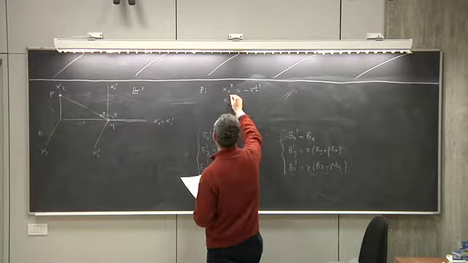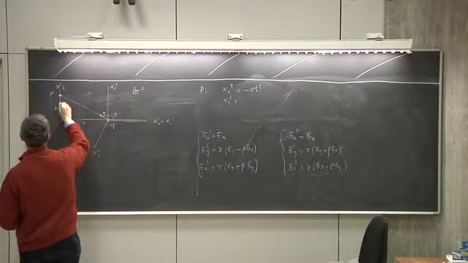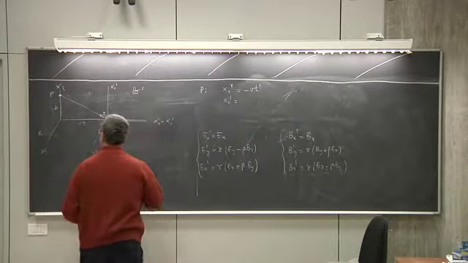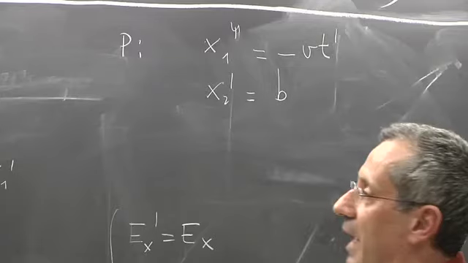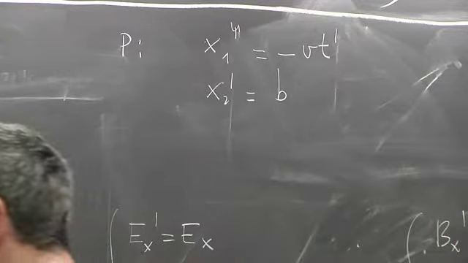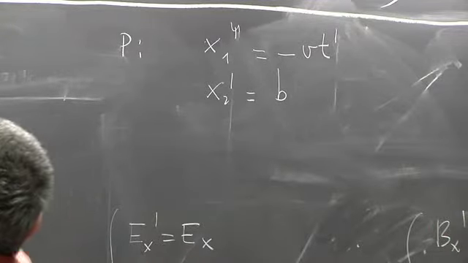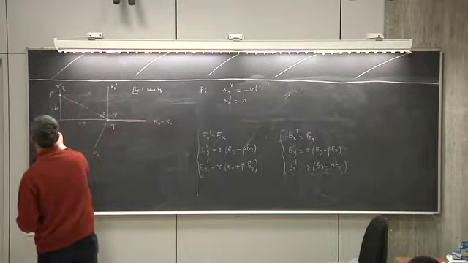And x2 prime, let's give it a name, b, is the distance from here up to there. Now b is b prime, because remember this is the direction transverse to the boost, so this is the moving frame, and this is the frame at rest.